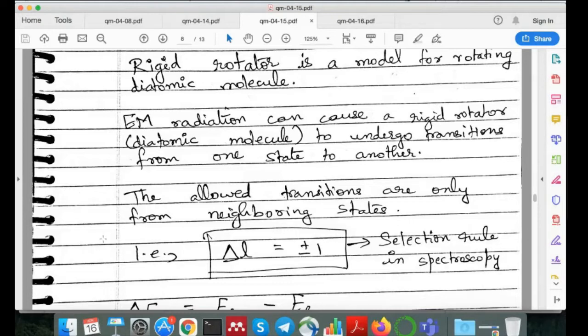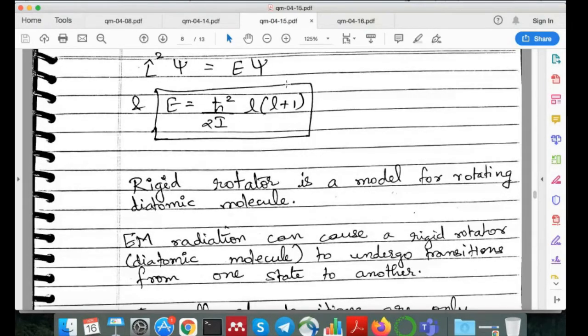Okay, so delta L needs to be plus or minus 1, and this is known as a selection rule in spectroscopy. If you look at the frequency of the rigid rotor, using all of these formulas, you can get the frequency. The frequency lies in the microwave region of the electromagnetic radiation.